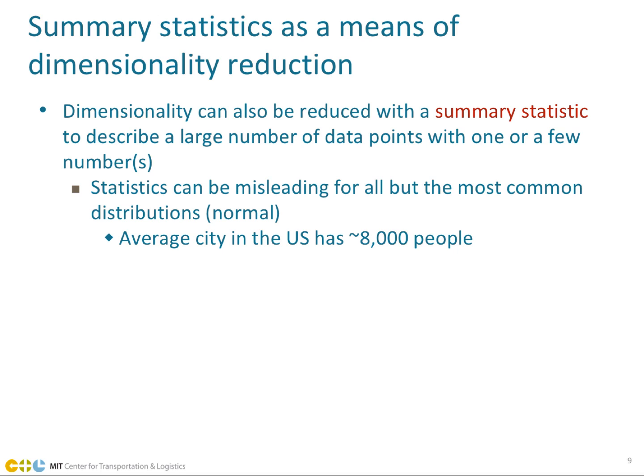So if you think about statistics in terms of population, the average city in the United States has about 8,000 people. So you might think, based on this mean number, that most cities are really small in the US, but that's not really the case. The average human on Earth is female because we have more than 50% of humans on Earth who are female.